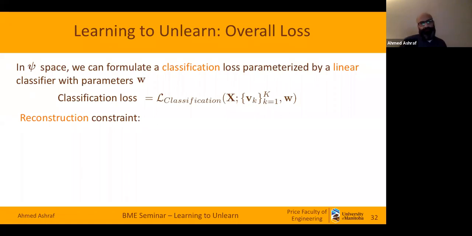There's one last thing, and then our problem would be finished. As I mentioned in the beginning, we want to lose just enough information, not all the information.